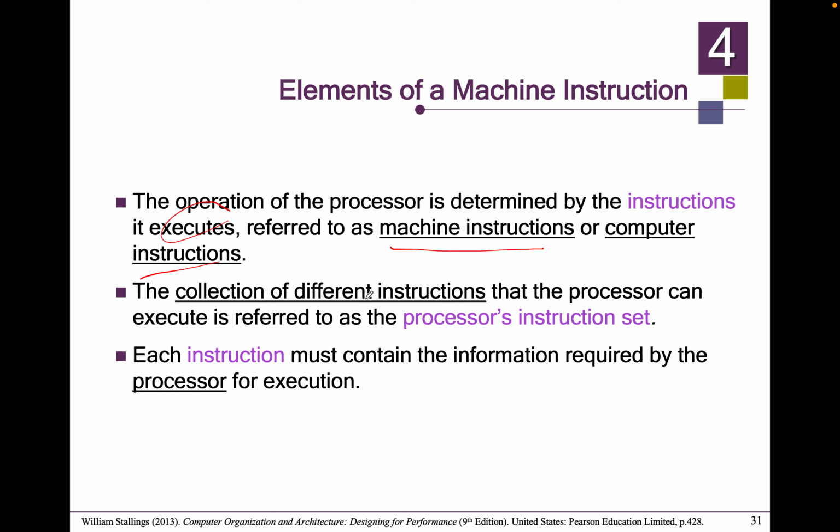The collection of different instructions that a processor can execute is referred to as the processor's instruction set, and each instruction must contain the information required by your processor before you can execute it.